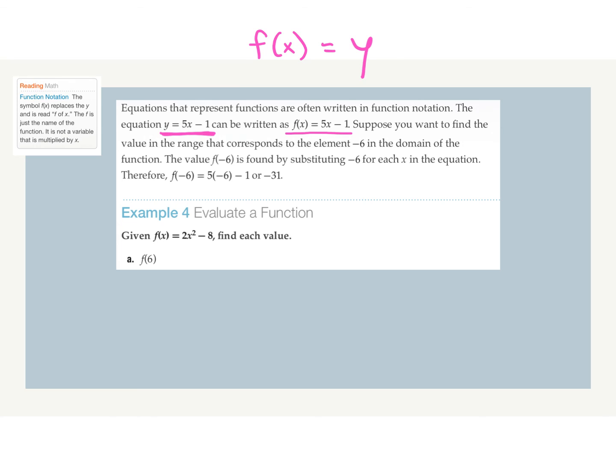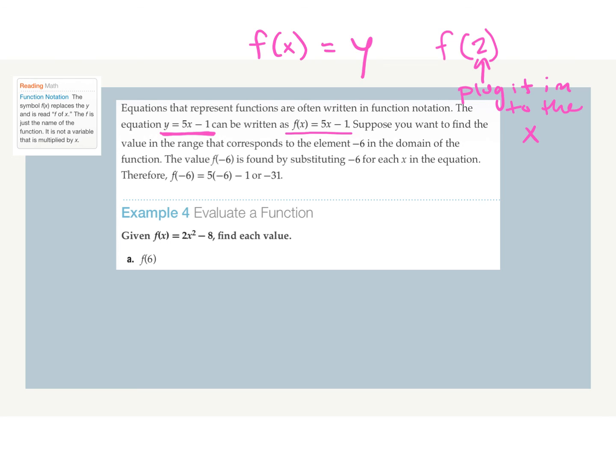For these problems, it's going to tell us f of some number, like f of 2, and we would just take 2 and plug it in to the x's. Whatever is inside of that parentheses, that's what we need to plug in to our equation.